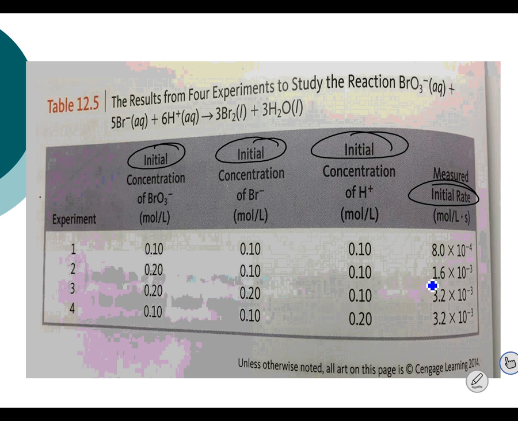So here with experiment 1 and experiment 2, our bromate is changing. And look here, our bromide and our hydrogen, they're constant. That's our goal. So for the method of initial rates, the best case scenario is the reactant you're studying is changing, and the 2 that you're not looking at are going to stay constant. And that's what we've got in this particular case with experiment 1 and experiment 2.